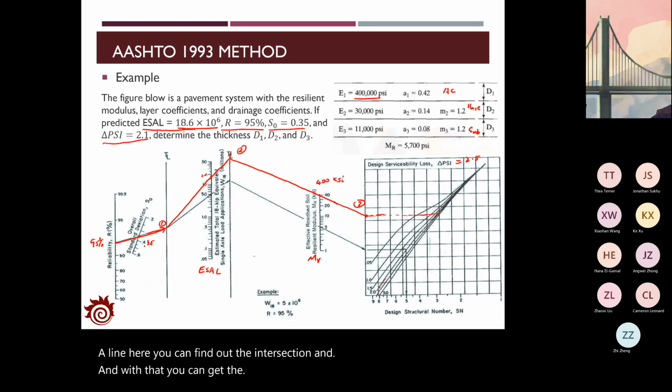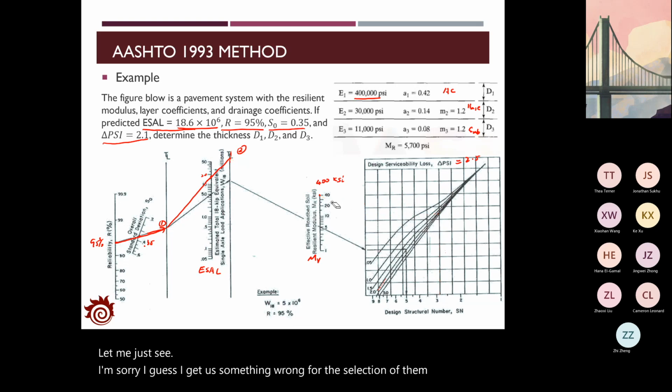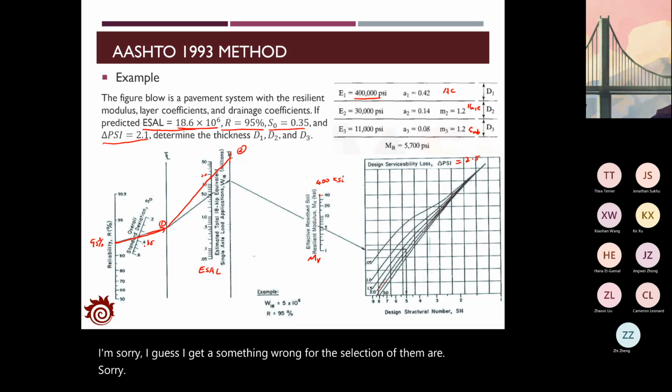I'm not quite sure whether I'm drawing everything accurately. Let me just see. I'm sorry, I guess I got something wrong for the selection of the MR. So the one is not 400.